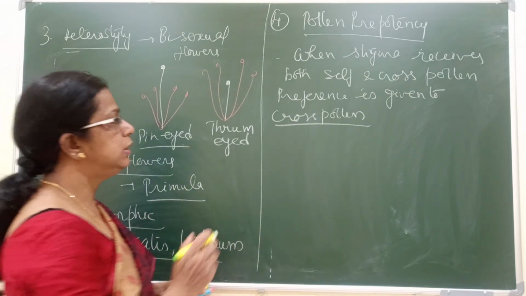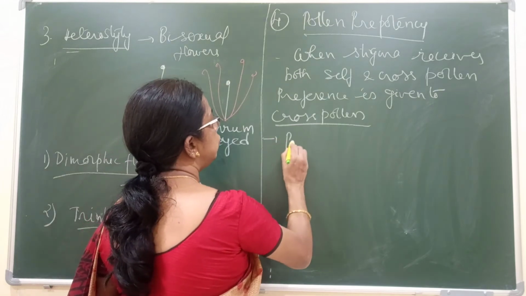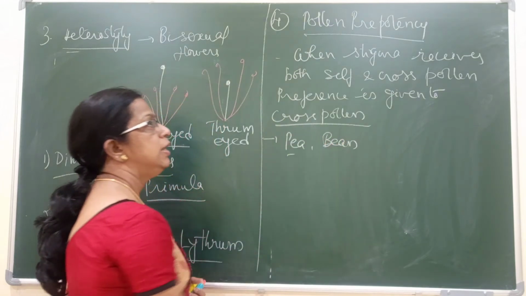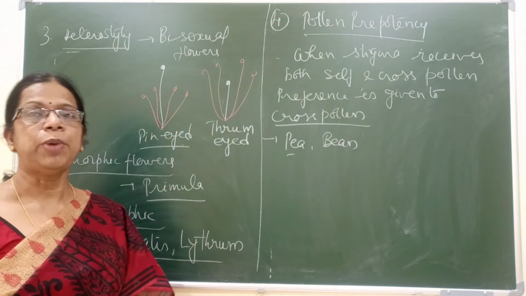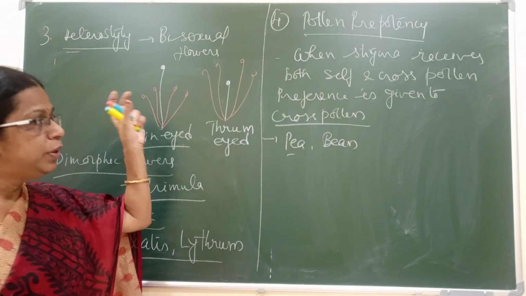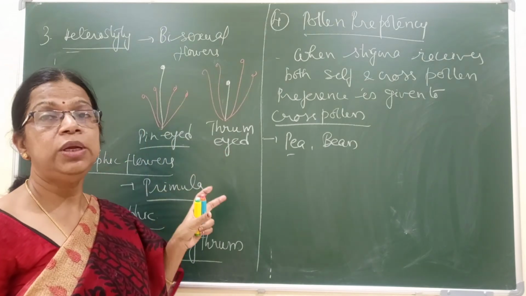For example, this is found in Fabaceae members like pea. That is called pollen prepotency, where preference is given only to cross pollen.